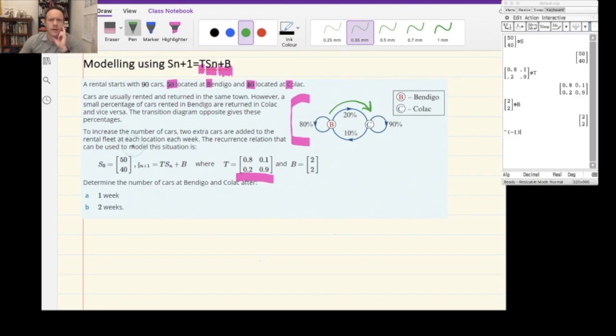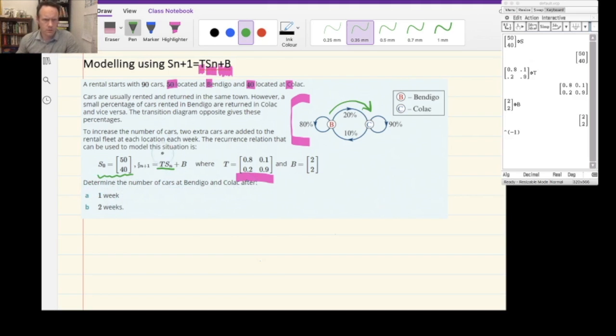To increase the number of cars, 2 extra cars are added to the rental fleet at each location each week. The recurrence relation that can be used to model this situation is shown here. S0, the initial number of cars at each location, is 50 and 40. Then we have Sn plus 1 equals T times Sn, which is our standard part that we should be familiar with by now, plus B. We want to determine the number of cars at Bendigo and Colac after 1 and 2 weeks.